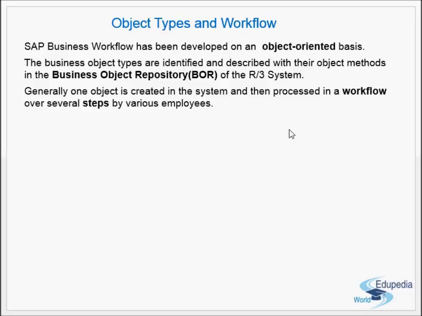Object, I mean like a sales document. So we have so many sales documents depending upon the number, depending upon the value which we enter. For each of these objects, a workflow processes the objects in various steps by various users. So in general, the workflow is based on an object-oriented mechanism.